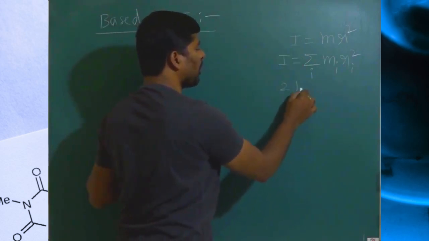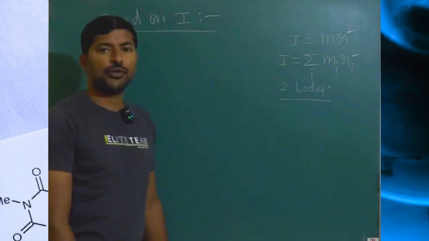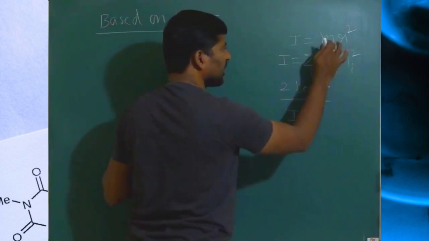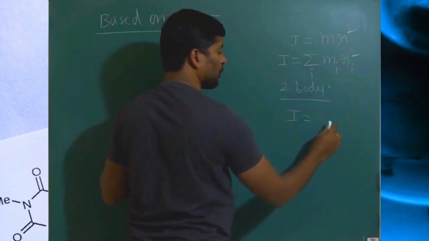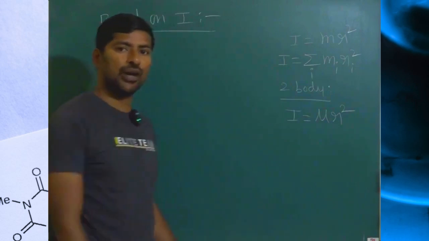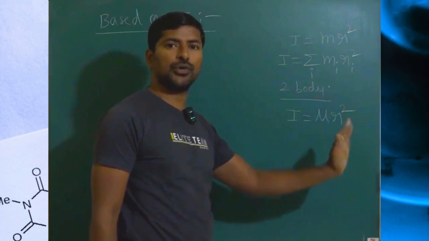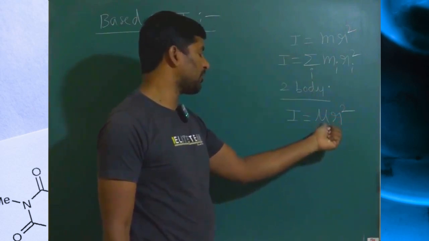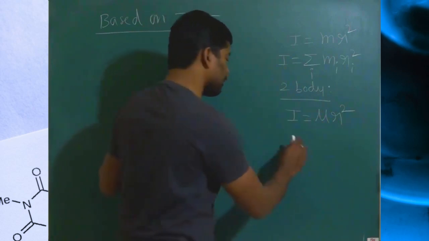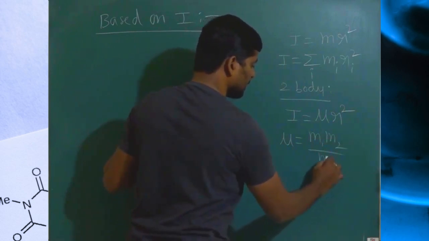If you take a two body system, a diatomic molecule rigid rotator, the expression for I is m1r1 squared plus m2r2 squared, but if you simplify, finally we get mu r squared. Mu is called the reduced mass, given by m1 m2 by m1 plus m2.